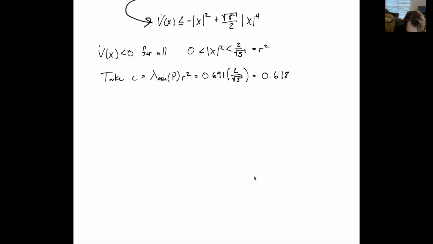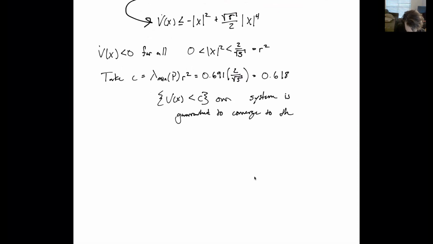Okay, so now we can say that for all x with v of x less than c, our system is guaranteed to converge to the origin. Great.